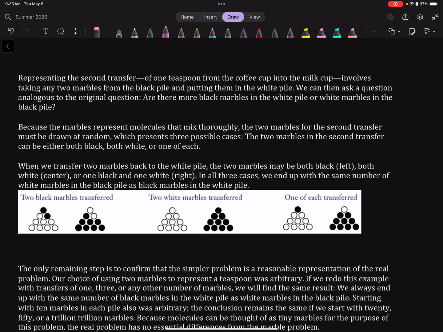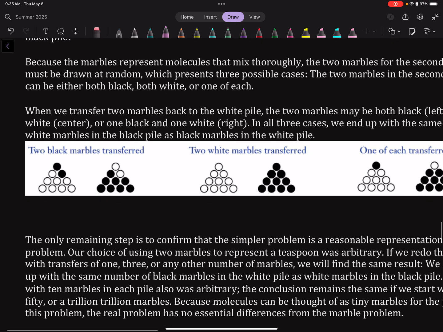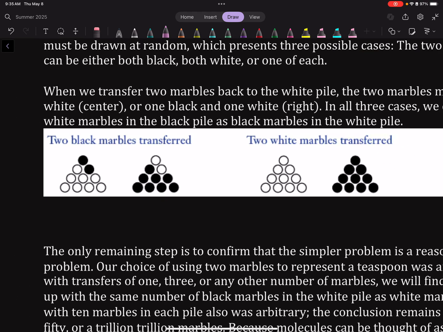We can transfer 2 marbles back to the white pile. The 2 marbles may be both black, they might be both white, or one of each. In all 3 cases, we end up with the same number of white marbles in the black pile as black marbles in the white pile.